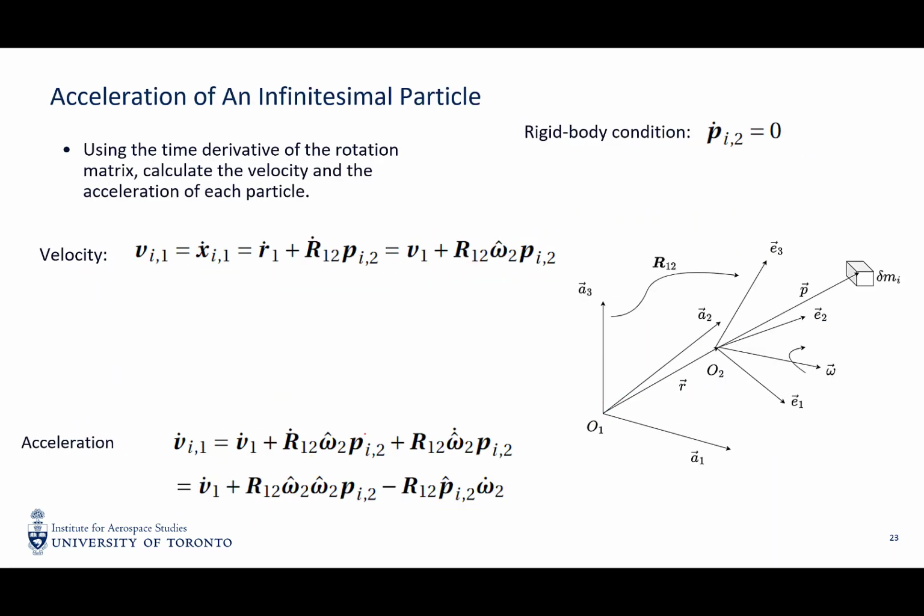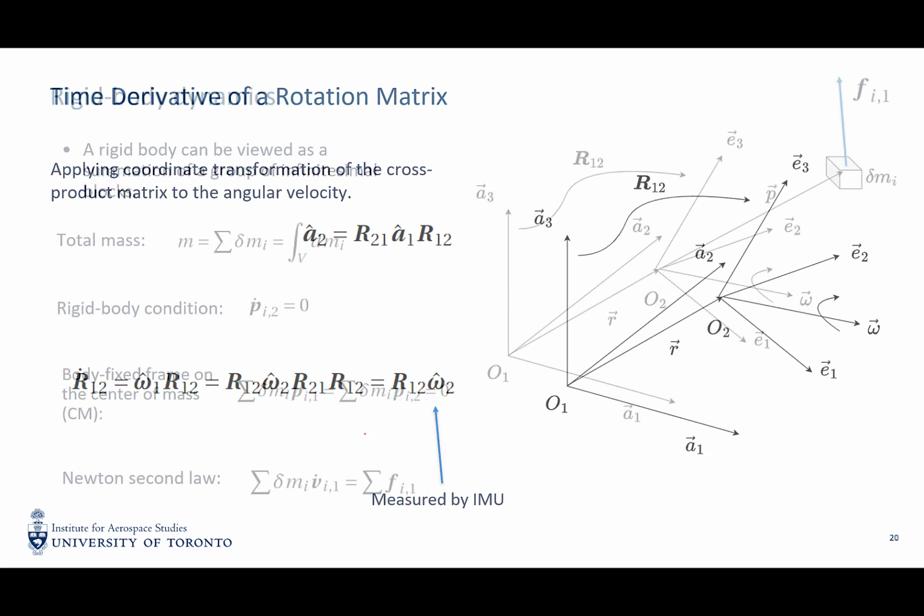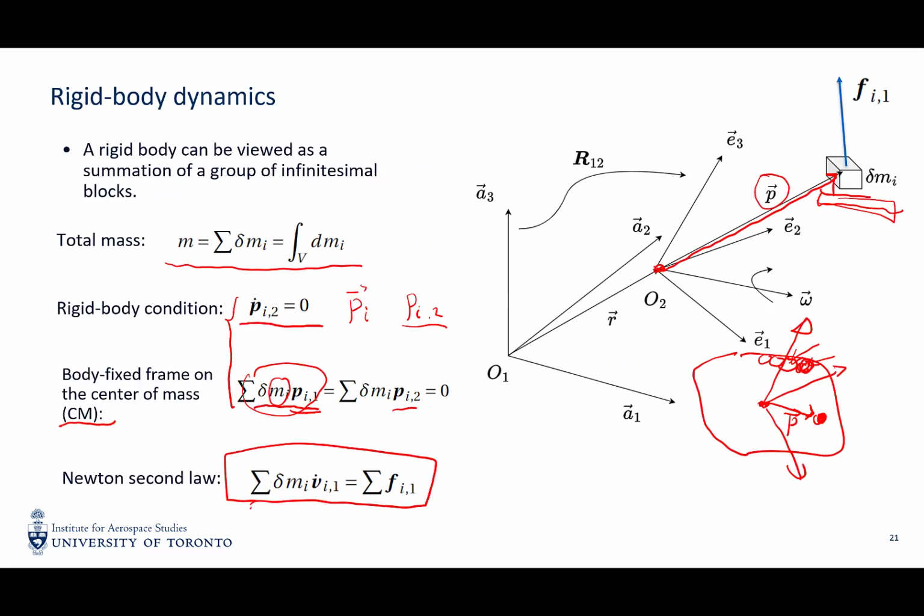Newton's second law tells us that if we sum all the accelerations weighted by the infinitesimal mass, it should equal the summation of all the external forces on the body.